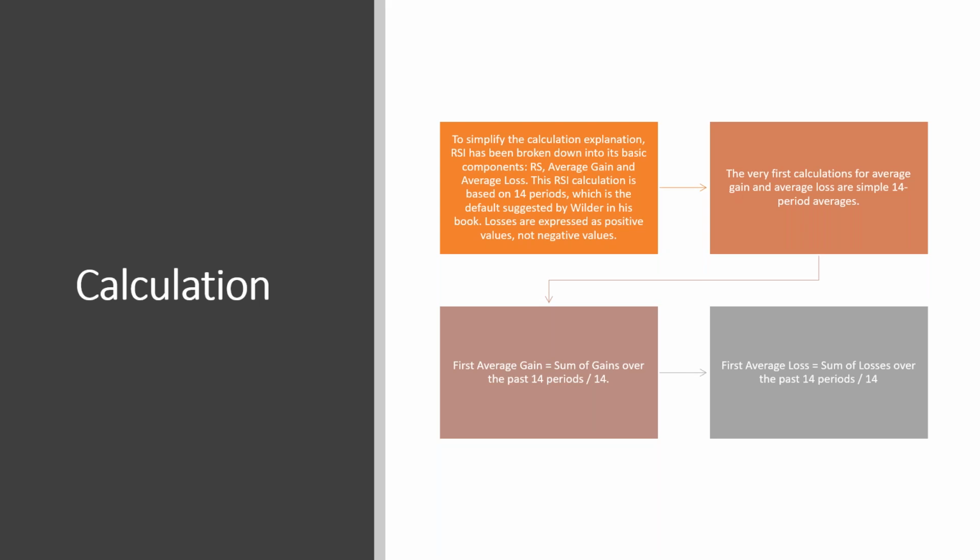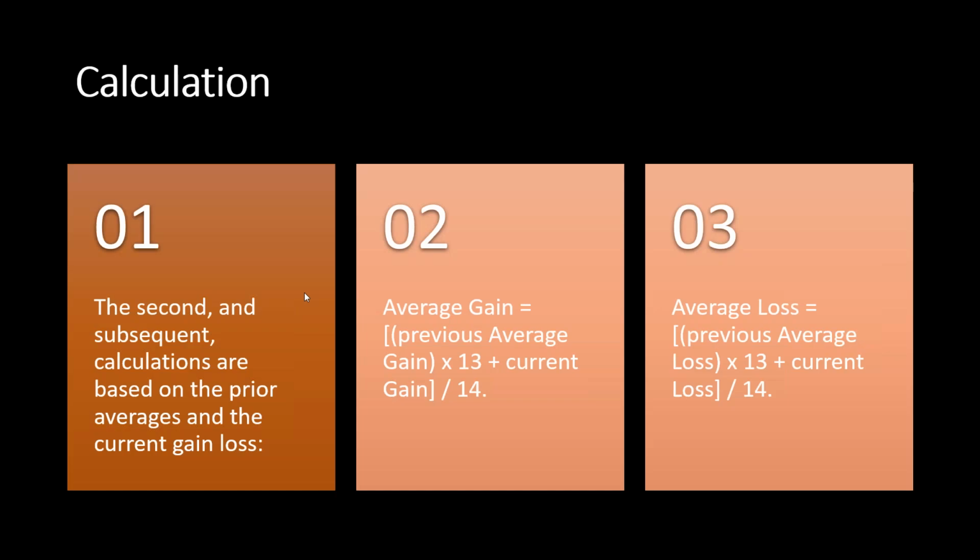So if over the last 14 periods, 5 days it had gains and ended up higher, you would add them together and divide it by 14. Then you'd also take the average of the sum of the losses over the 14 periods. Now what happens is if there were only losses and no gains, that's always 0. If there's only gains and no losses, it's going to be 100. Okay. And that's how come RSI falls in between the 0 and 100.